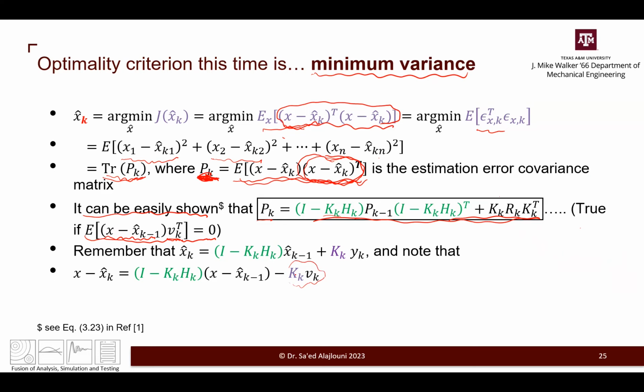In the previous lecture, we said that if we have some random variable y equals h x, then the autocovariance of y, y with itself, is nothing but h times the autocovariance of x times h transpose. So here the autocovariance of this term is going to be K times the autocovariance of v, which we called R. So K R K transpose.